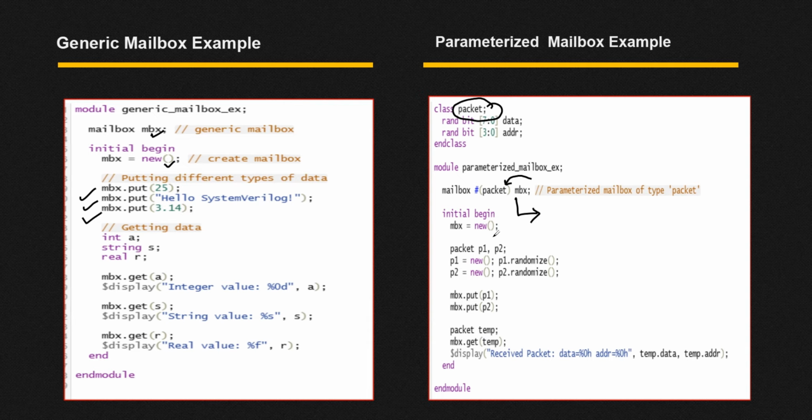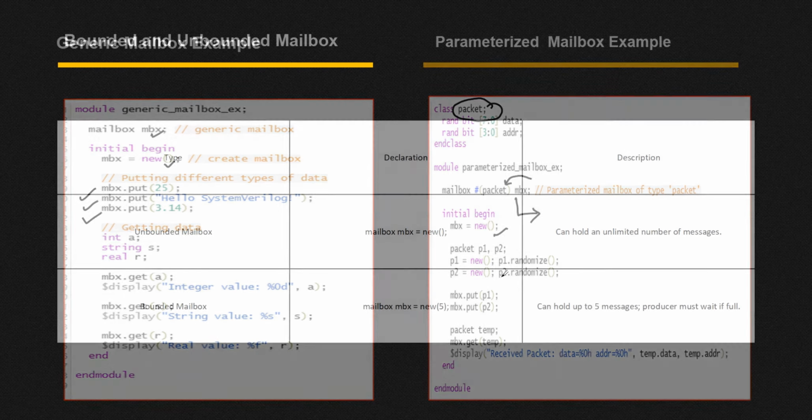After that we have created our mailbox. Now you are not supposed to pass any message which is not of packet type. Here we are passing only messages of packet type. P1 and P2 are handles of your packet class only, so that's why we are allowed to do so. Okay, now let's jump to the next one.